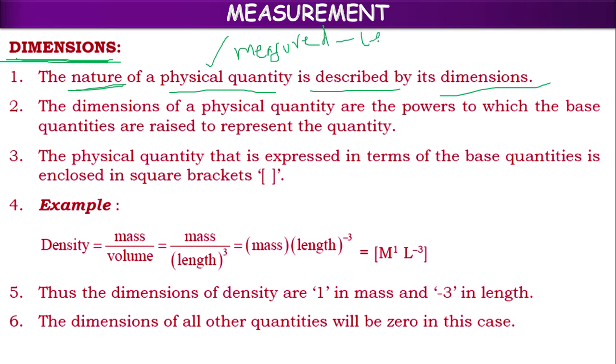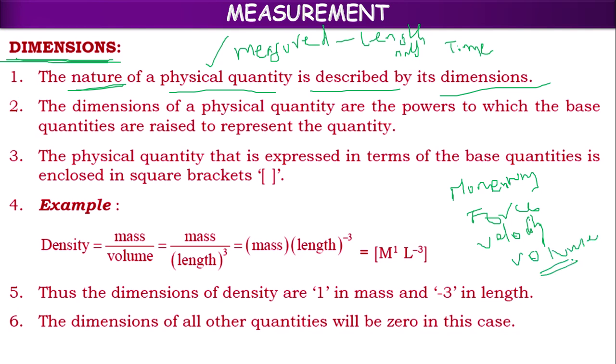What are the physical quantities we have? Length, mass, time. These are the fundamental physical quantities which never depend on other quantities. We have quantities like momentum or force or velocity or volume.